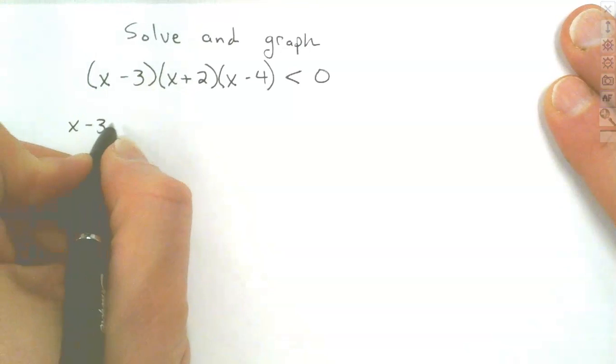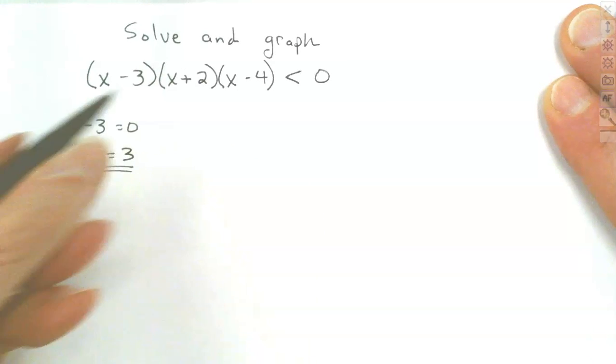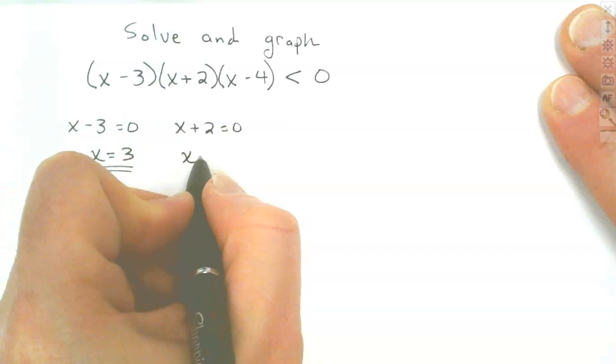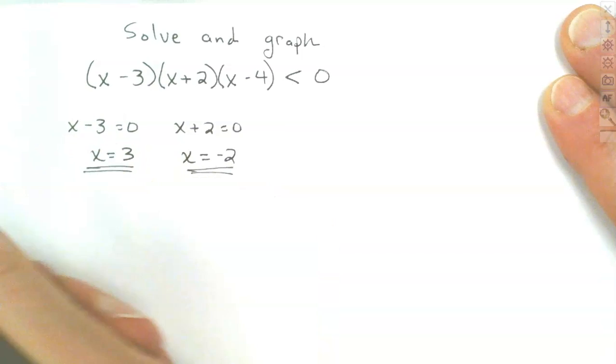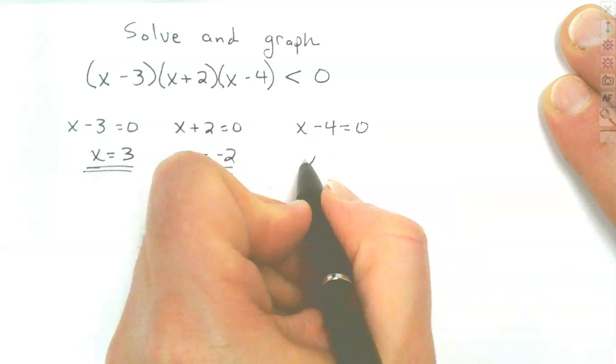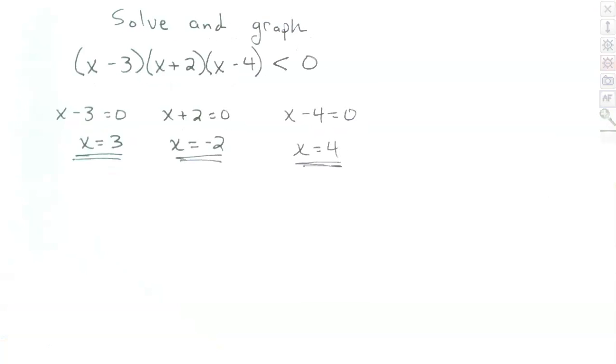X minus 3 equals 0, so x equals 3. X plus 2 equals 0, so x equals a negative 2. And x minus 4 equals 0, so x equals 4.